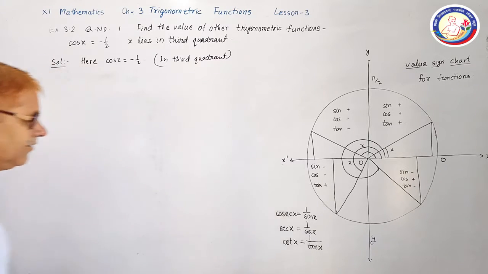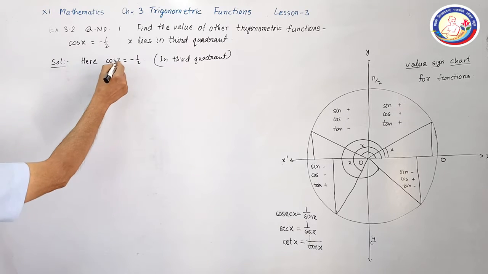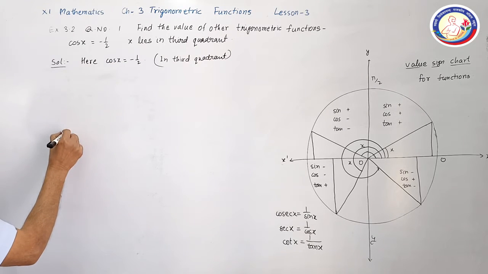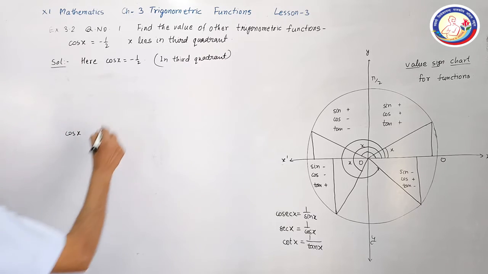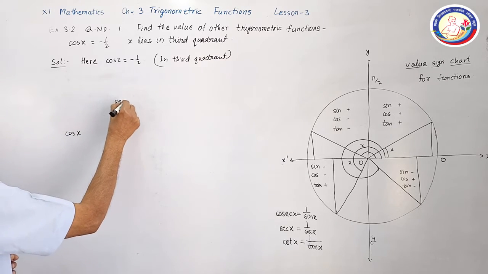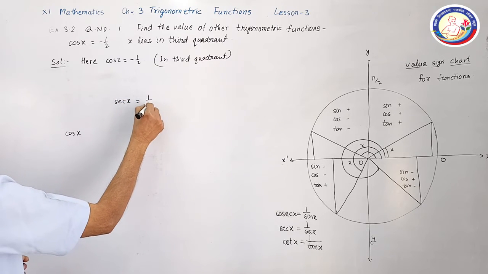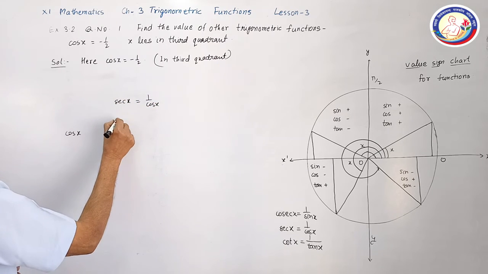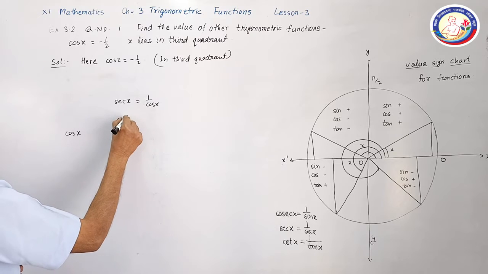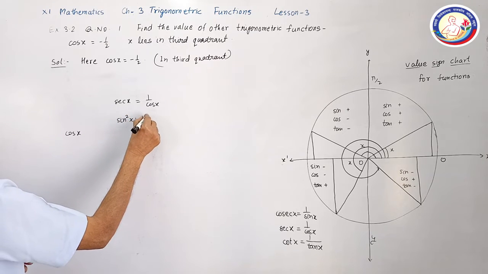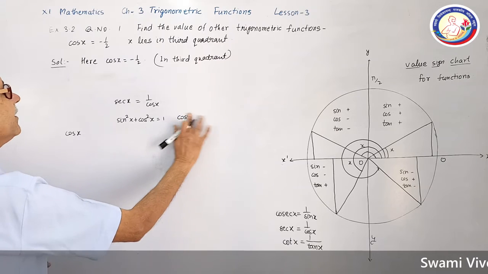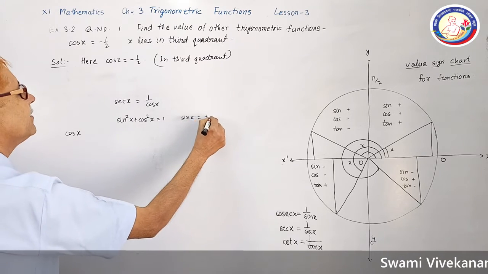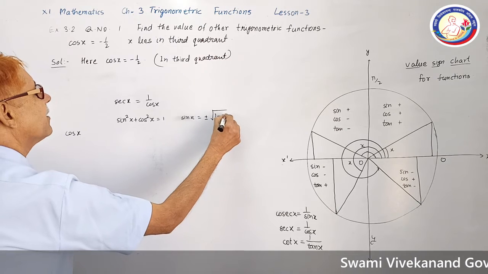So in this class, we will use trigonometrical functions. Given cos x, we can find sec x directly, as sec x is 1 upon cos x. And sine can be found by the relation sine square x plus cos square x equal to 1. So sine x will be plus minus square root of 1 minus cos square x.